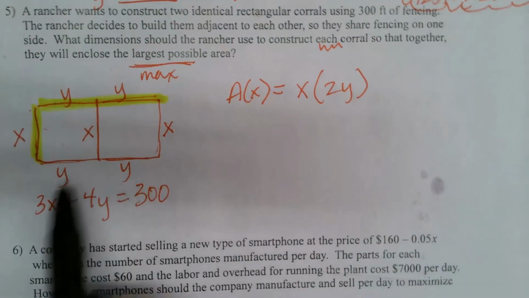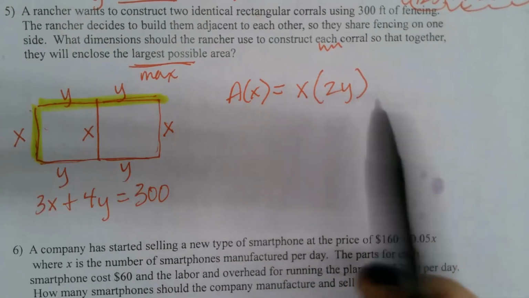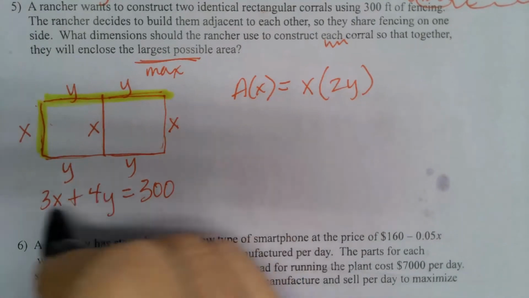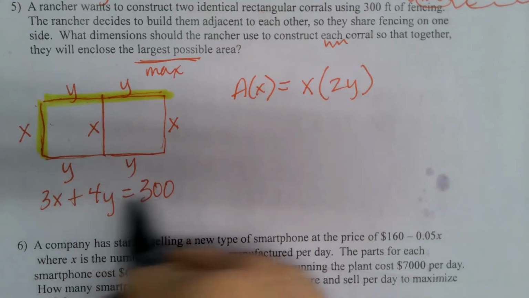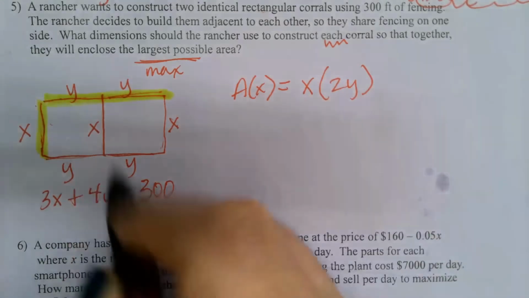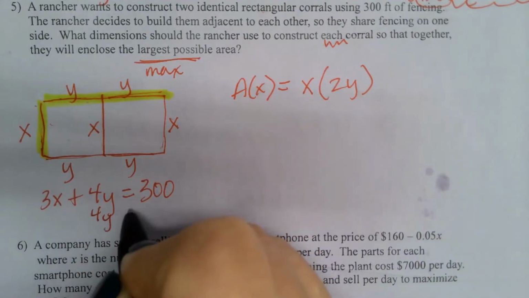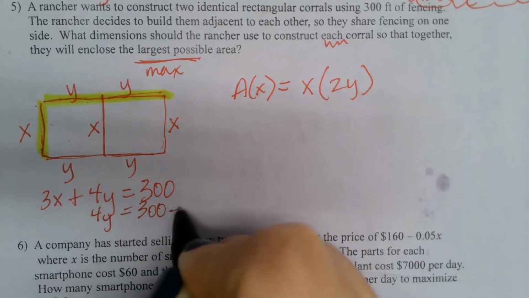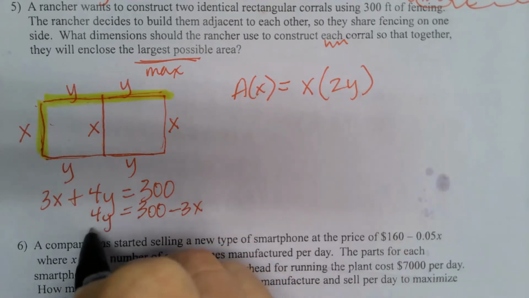All right, again, two variables. I only want one, so I'm going to solve this one in terms of Y, so I can replace Y. So I would subtract the 3X and then divide everything by 4.